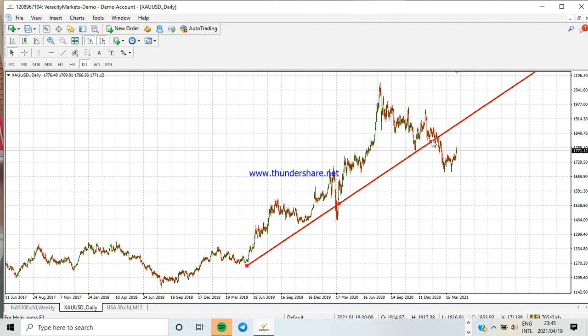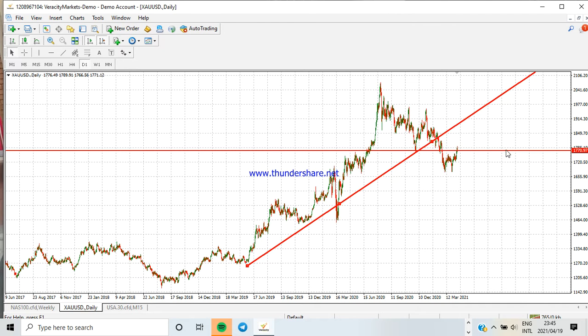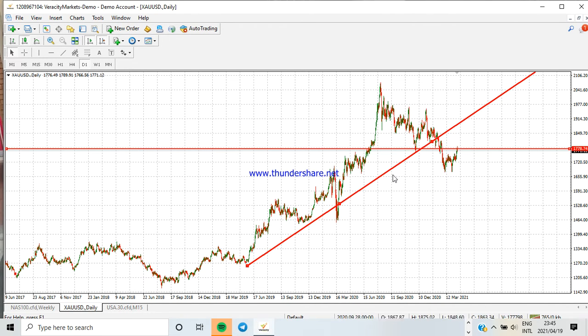There's a resistance, then it broke below, and then we can say this is what is happening. So in longevity, we can say gold is going to retest and shoot to the downside in order to complete the whole cycle. But it's a daily chart anyway. There's more to say in the lower time frame.